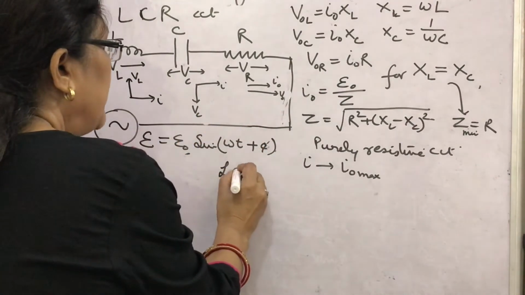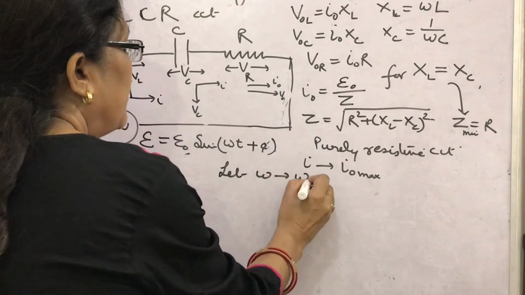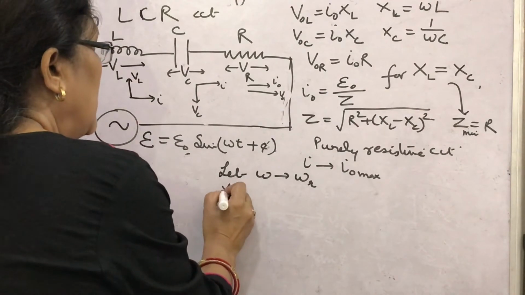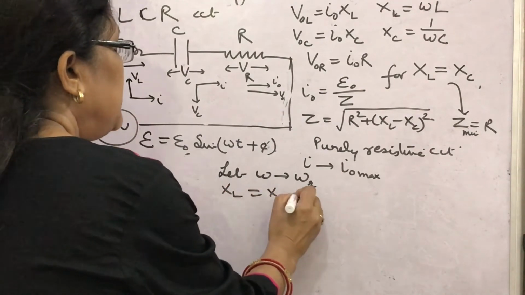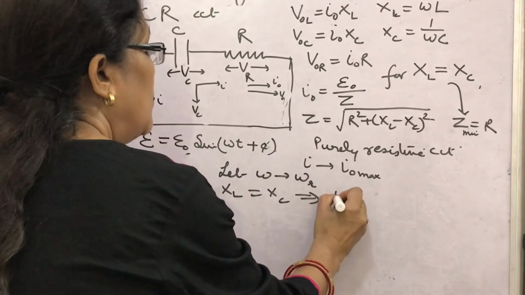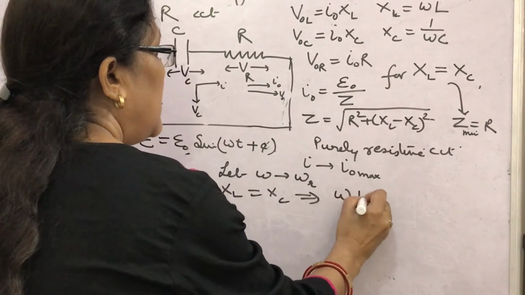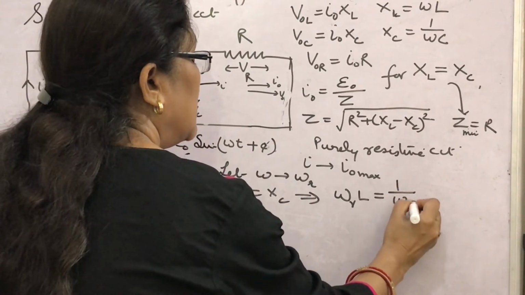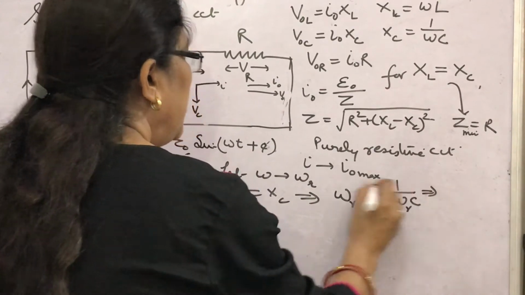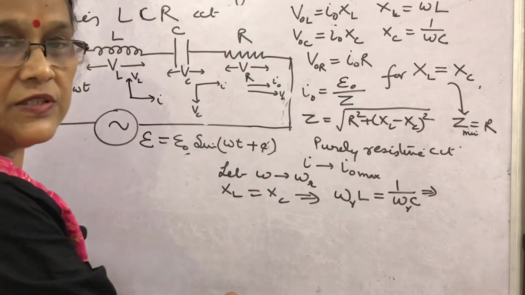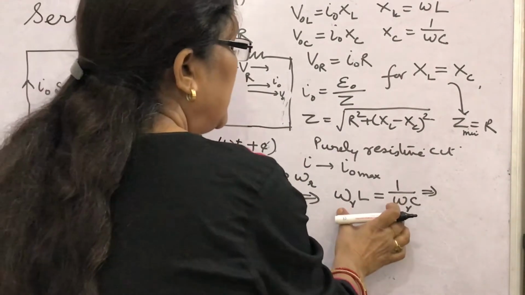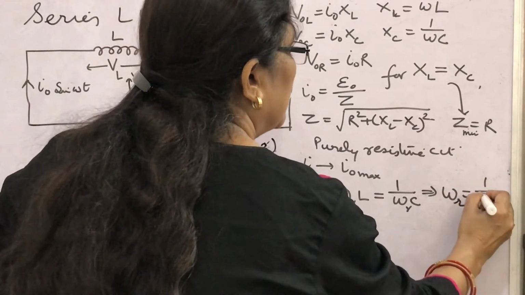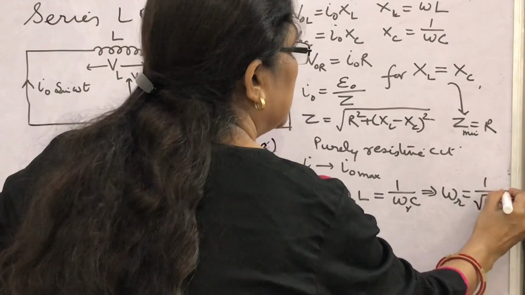Let us denote that frequency by omega R, or in some books omega naught. Then XL equal to XC means omega R L equals 1 upon omega R C. This omega R means resonant frequency. Then here we can find that omega R is equal to 1 upon under root LC.